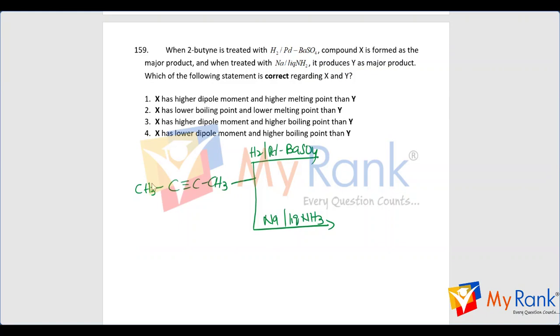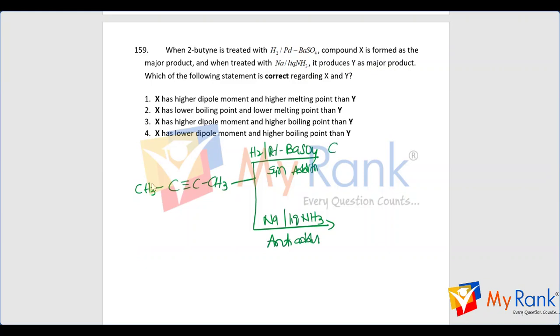Here the hydrogen palladium barium sulfate addition is syn addition, and this one is anti addition.